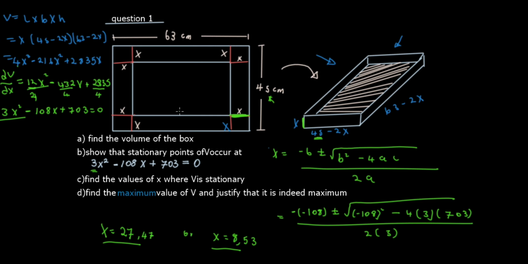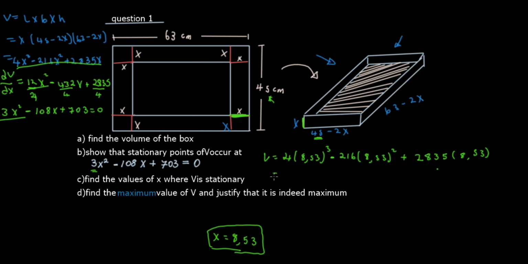That says find the maximum value of the volume and justify that it is indeed maximum. Here, let's look at the first part of the question, which says find the maximum volume. I can use this value and substitute it on this equation.